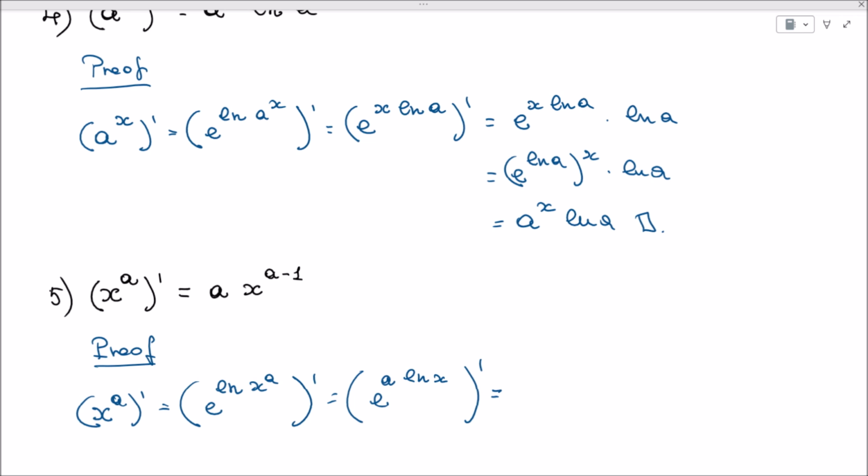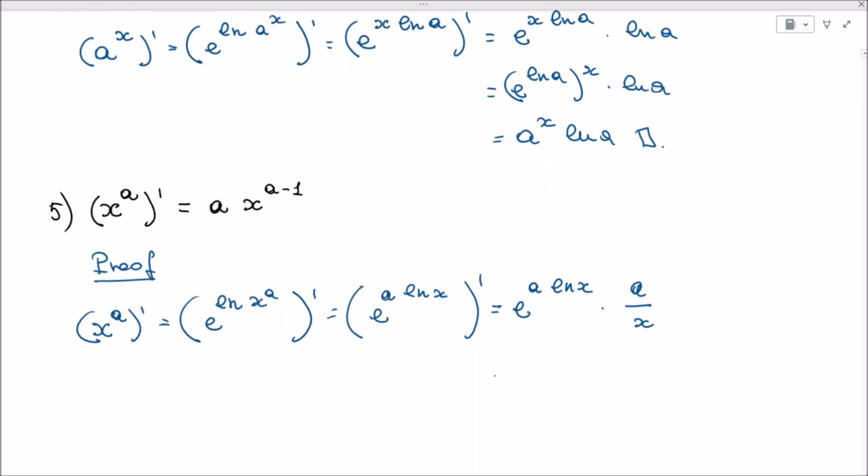And once again, using the compound function derivative theorem, we know that this is e to the a logarithm of x times the derivative of the exponent, which is simply a divided by x, because the derivative of the logarithm of x is 1 over x.